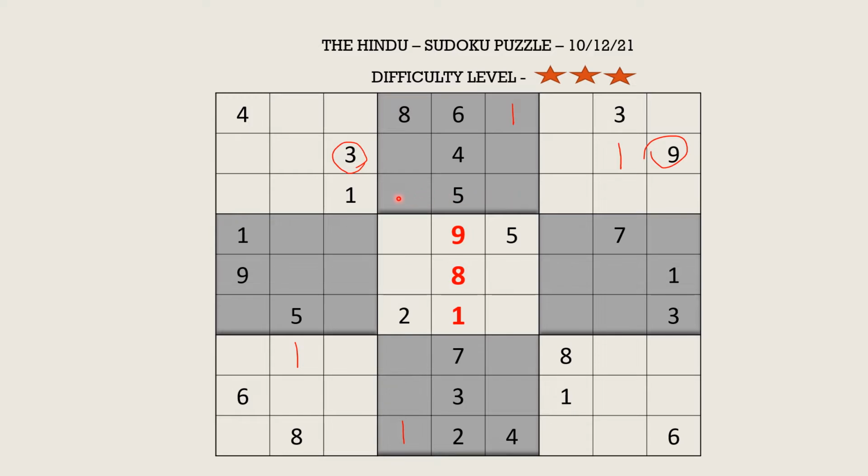So these two cells take a 3-9 pair. Fine. So there are only 2 empty cells in this block and the numbers missing are 2 and 7. There is already a 2 here. So this cell takes 7 and this cell takes 2.